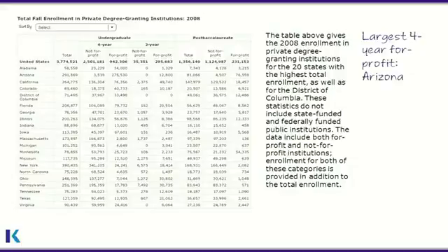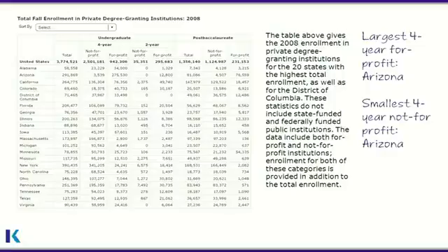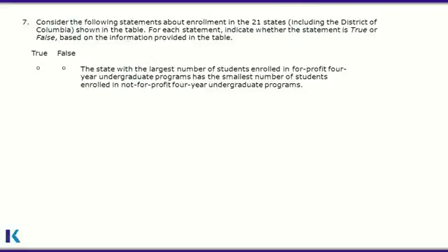Look under the column for undergraduate, 4-year, not-for-profit, and you'll see that Arizona is by far the lowest at 3,539 students. Arizona, the state with the largest for-profit, 4-year undergraduate enrollment, does in fact have the smallest not-for-profit 4-year undergraduate enrollment, so the answer is true.